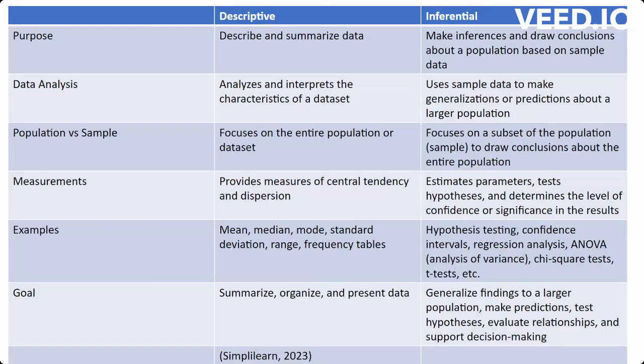So there is a table here which shows some of the major differences between descriptive and inferential statistics. We will look at the purpose first. Descriptive statistics describes and summarizes data, whereas inferential statistics makes inferences and draws conclusions about a population based on sample data.